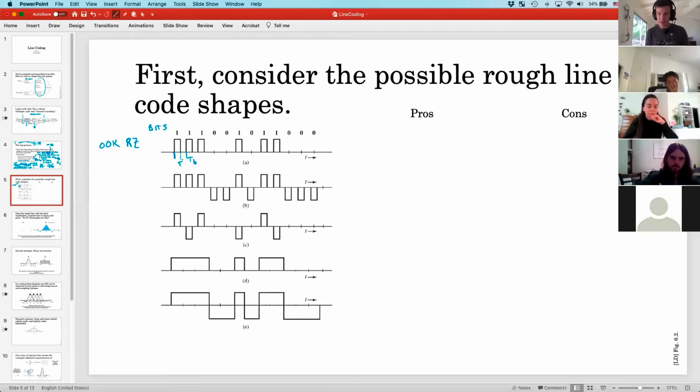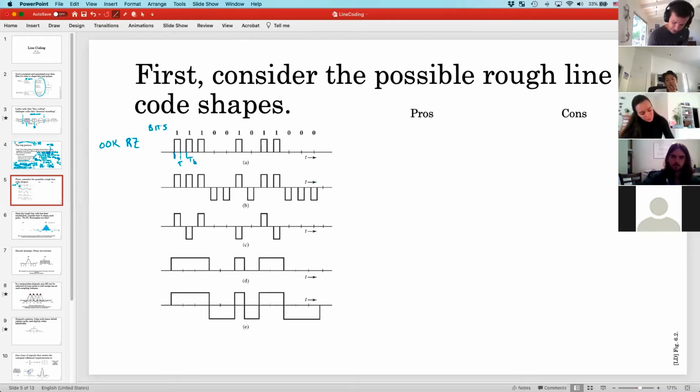The way it's drawn here, tau is 50% of TB, but you didn't have to do that. A return to 0 simply means that tau is strictly less than TB, so that in each bit period, the waveform returns to 0, regardless of what bit was sent.